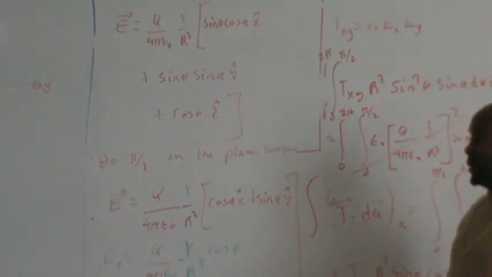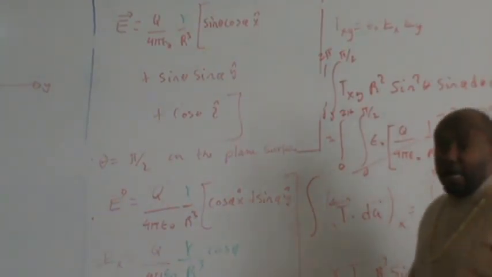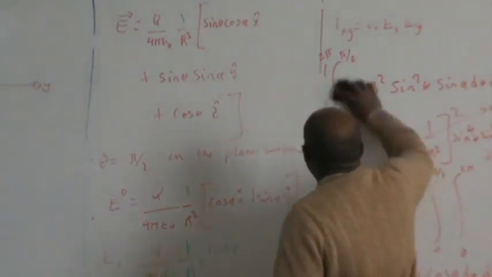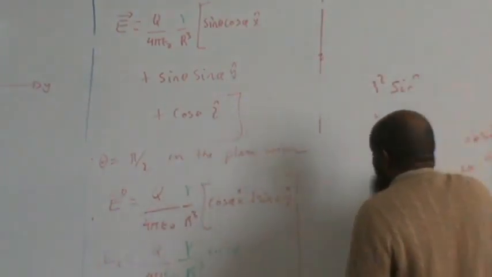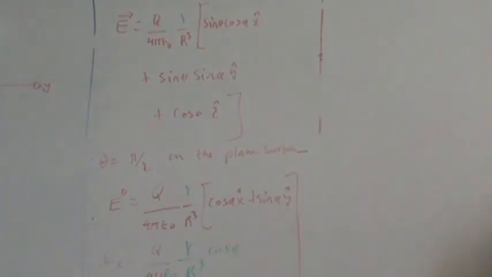All right. So these are the components. Then after this, you can easily find the elements of the matrix for the Maxwell stress tensor.